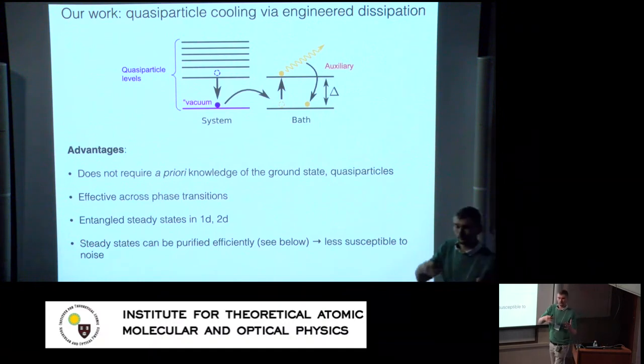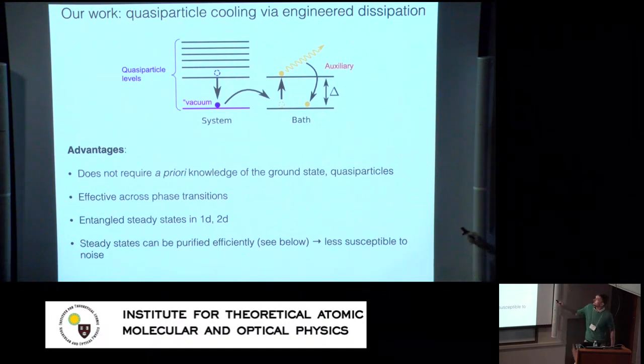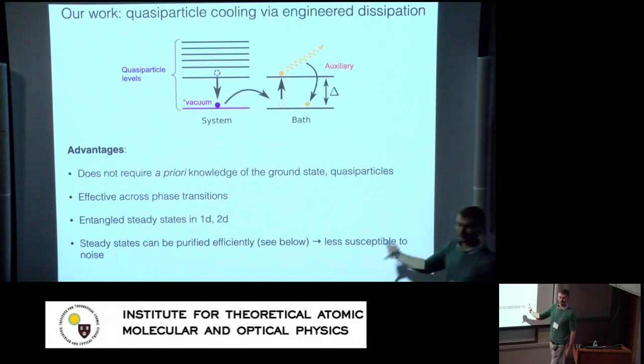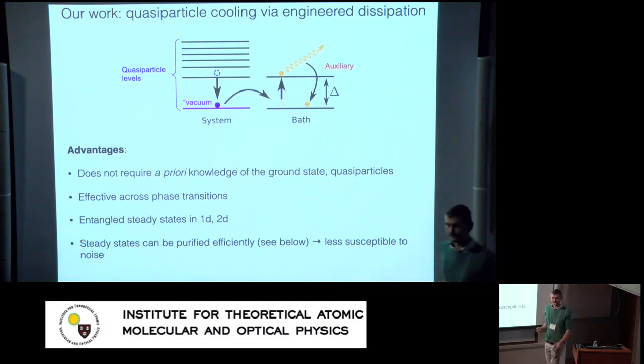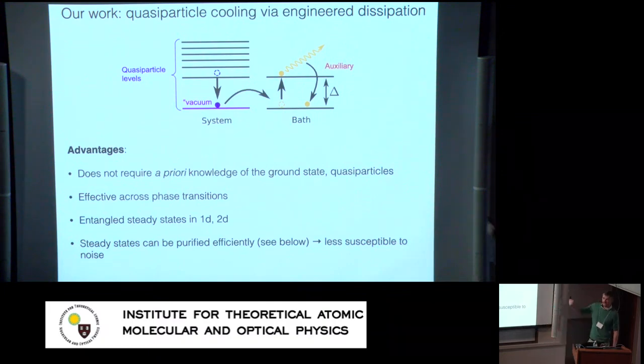So the idea is that we couple auxiliary qubits to the system. If our protocol uses auxiliary qubits at the right energy for the right time, with the right coupling, quasi-particles would be gradually removed, and then we would reset the auxiliaries and just repeat this over and over again until we end up in the ground state or close to the ground state.